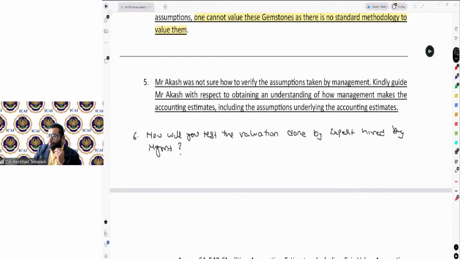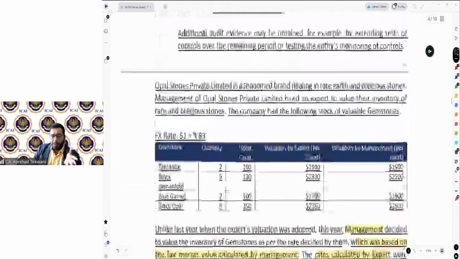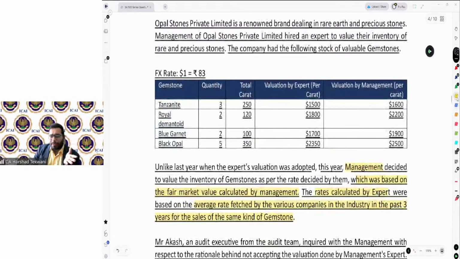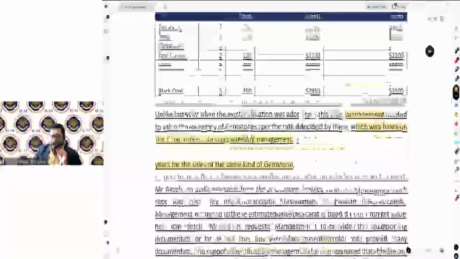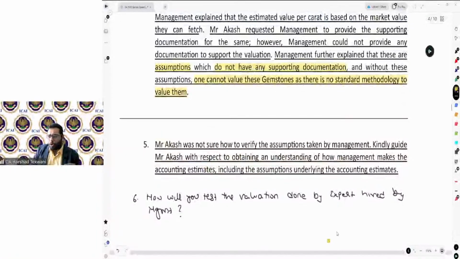Come on, guys. Let's assume management adopted the valuation done by the expert. This is a valuation done by the expert. Okay. Management adopted, hypothetical example, let's assume management adopted the valuation done by the expert, like last year they did. What procedures will you follow to test the valuation done by experts? How will you gather audit evidence in the current scenario?